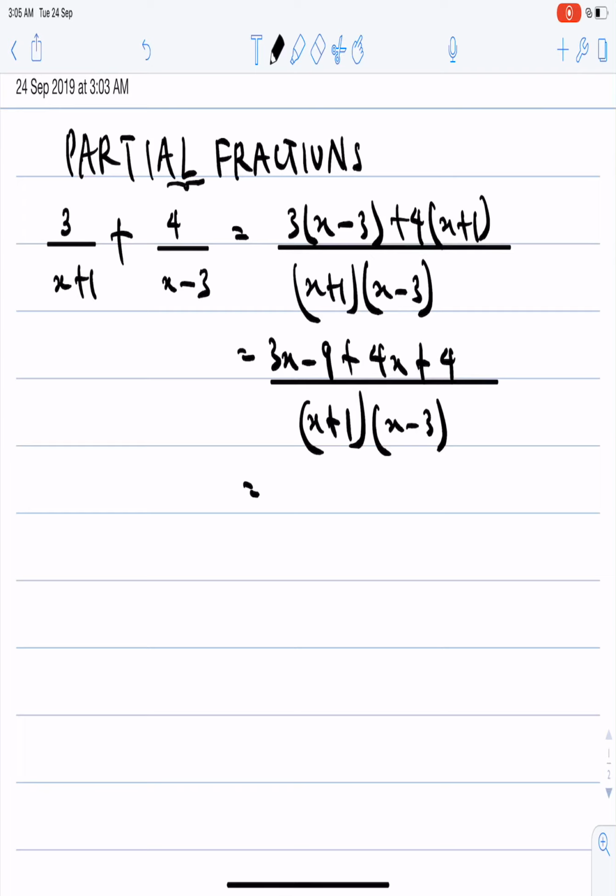And that is 3x plus 4x is 7x, minus 9 plus 4 is minus 5, over x plus 1 times x minus 3.